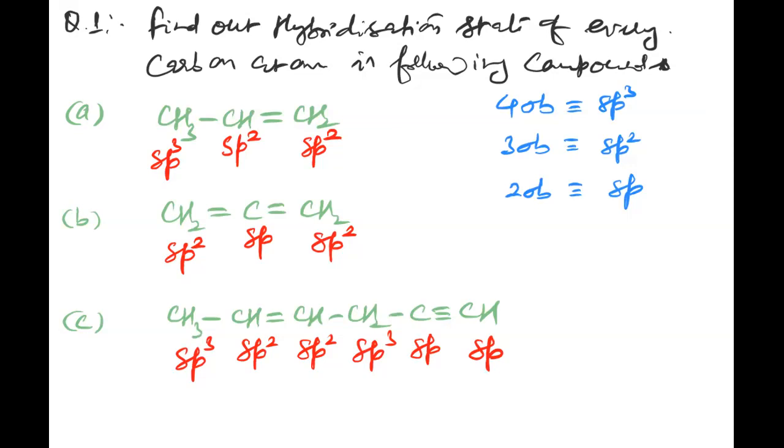Suppose we have another example here: CH3 and COOH. As far as the first carbon atom is concerned, it is going to be sp3 hybrid state, as it is forming 4 sigma bonds, and the next carbon has 3 sigma bonds, so it is sp2 hybrid state.